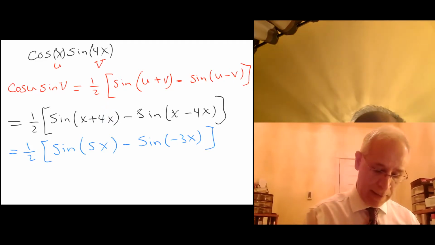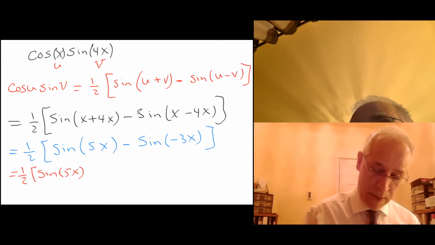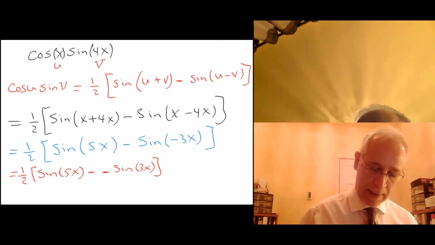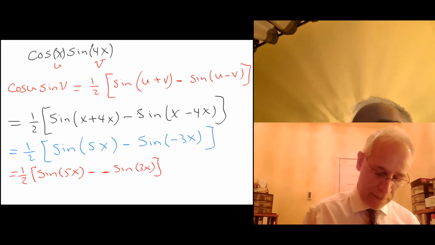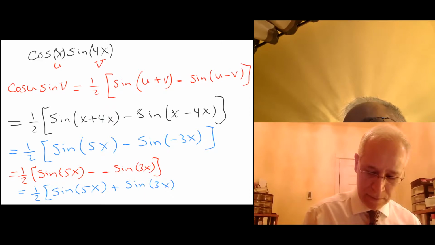So in fact, I can show this as 1/2 sine of 5x minus sine of 3x, because sine is an odd function. And finally equals 1/2 sine of 5x plus sine of 3x. Okay.